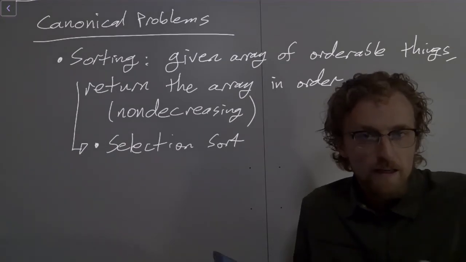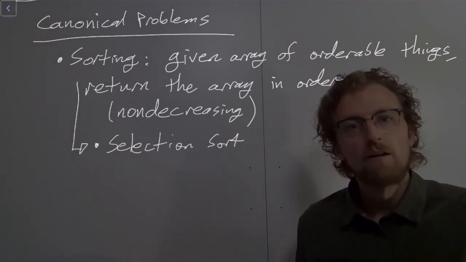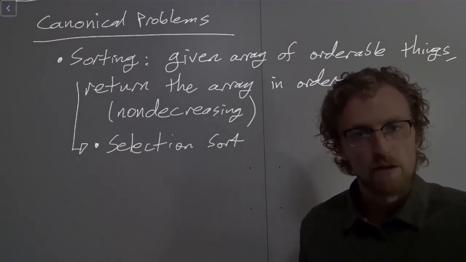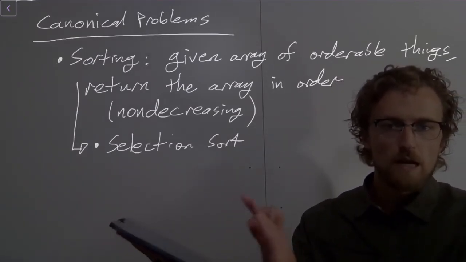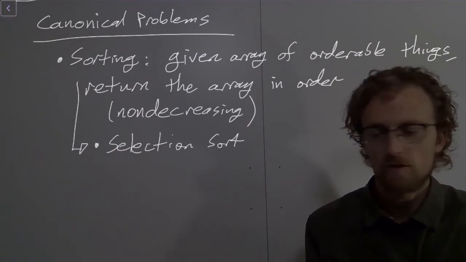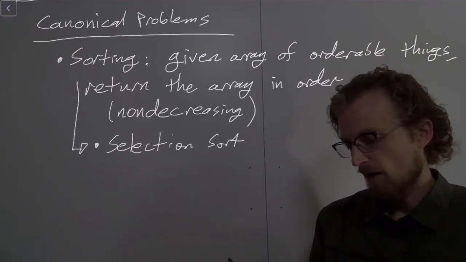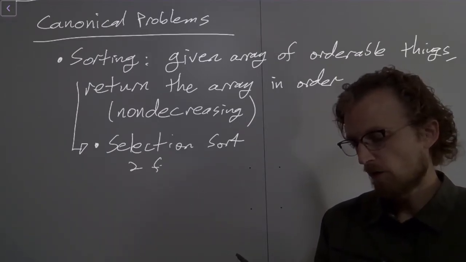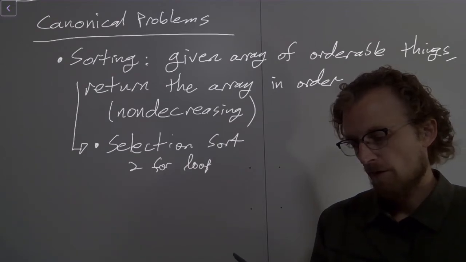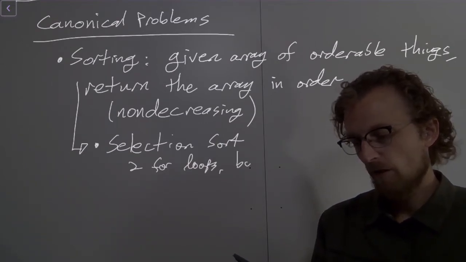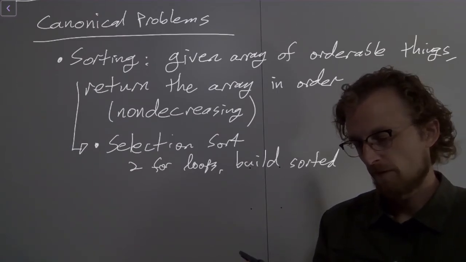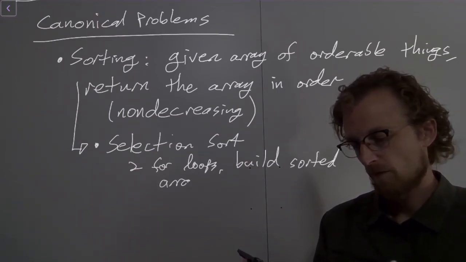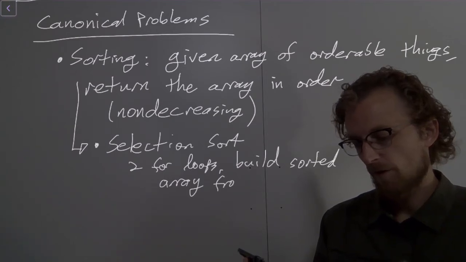So you go find the thing that belongs where you are, put it there, and then step forward. What selection sort does is it builds up a sorted array from the front, essentially. Selection sort: two for loops, build sorted array from the front.